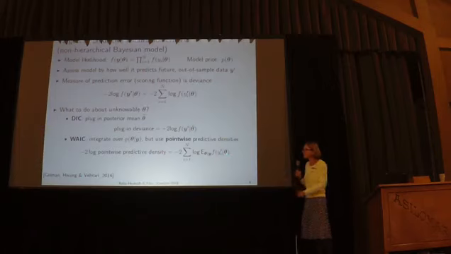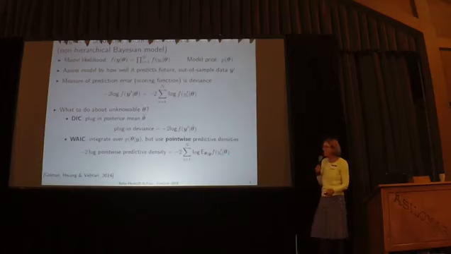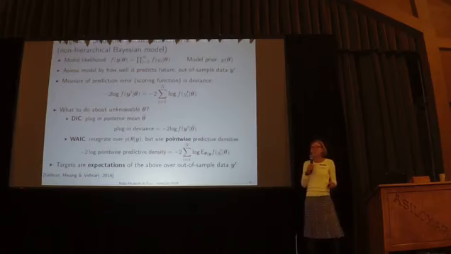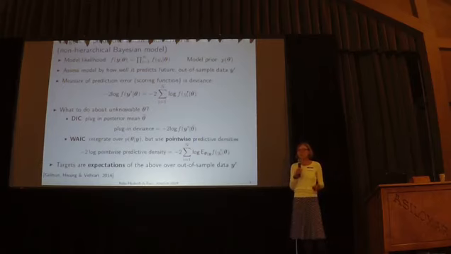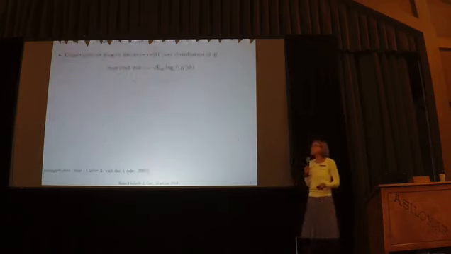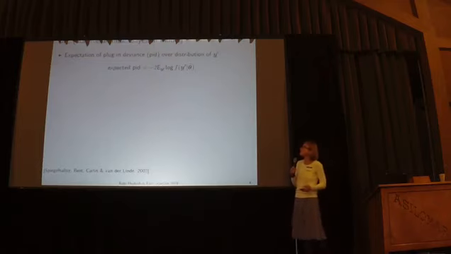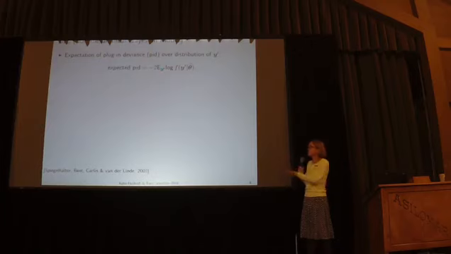But the real target of the DIC and WAIC is actually the expectation of these prediction errors over the distribution of future data. So for the DIC, that target looks like this. We have the expectation of a future data.